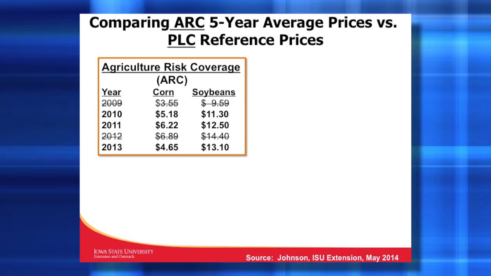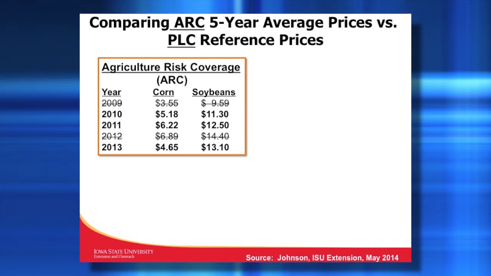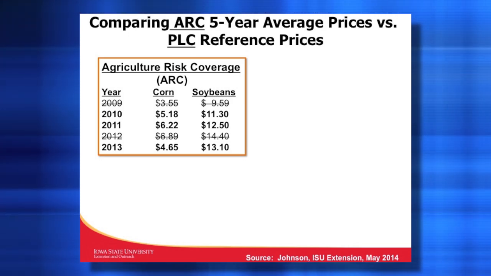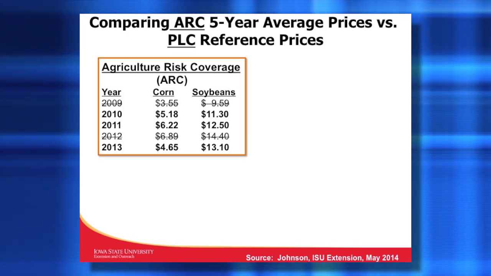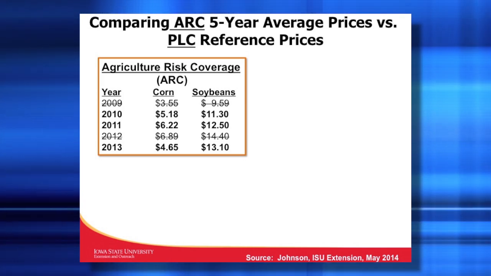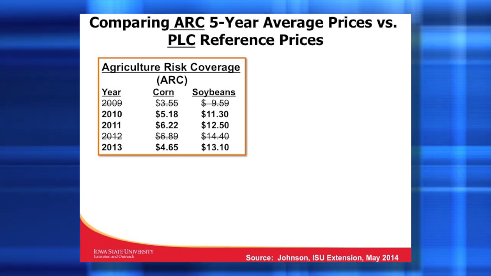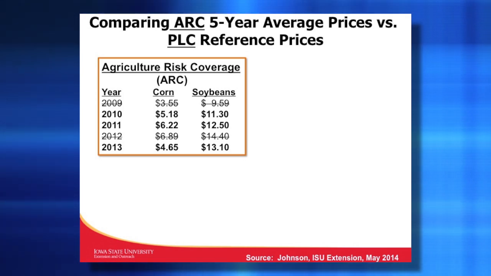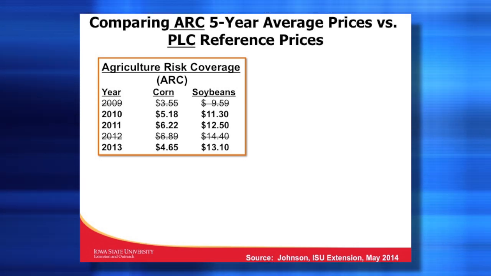We don't know what the final cash prices are for 13, or what we call the 13-14 marketing year, but we'll use 465. That was the May 9th WASDE report, the midpoint. We'll use 1310 for soybeans. We'll throw out the high and throw out the low. That's that Olympic average. It's a 3-year simple.